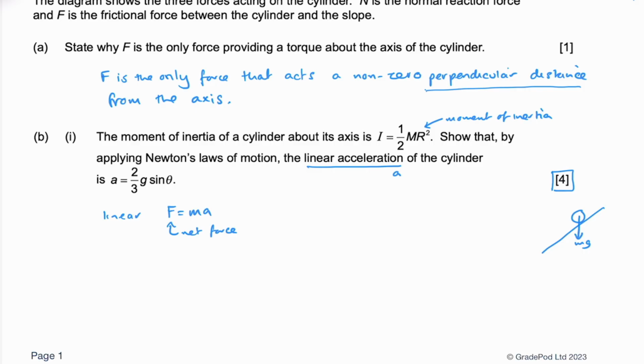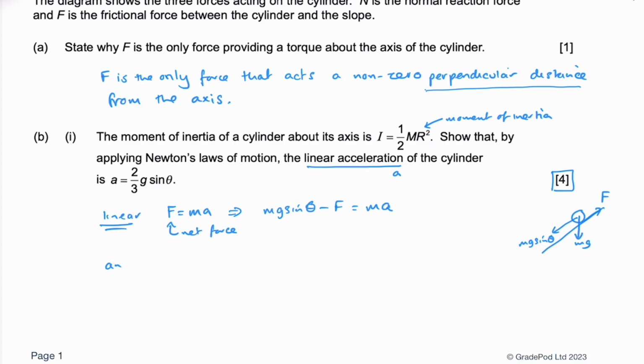And the net force that causes the acceleration on this ball is the force down the slope, mg sine theta, minus the frictional force. So instead of writing F equals ma, it becomes mg sine theta minus friction equals ma. That's our linear equation using Newton's second law.